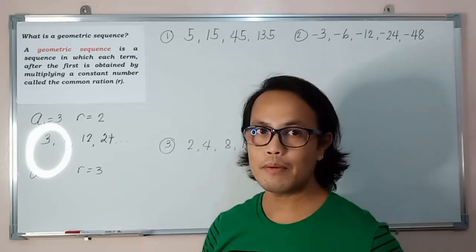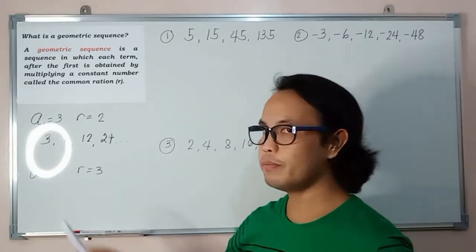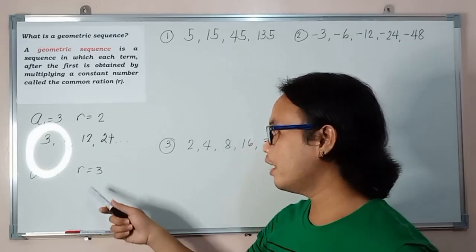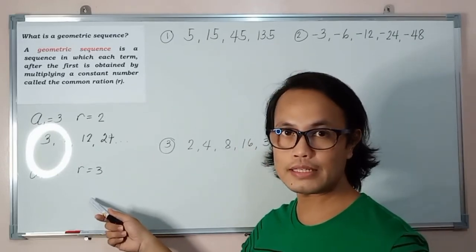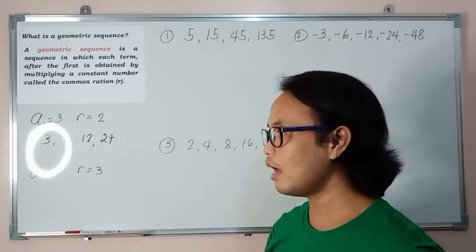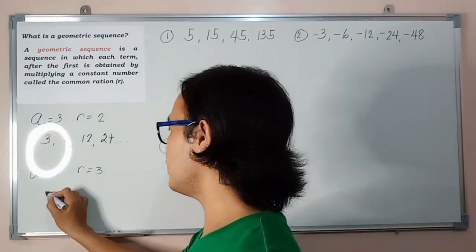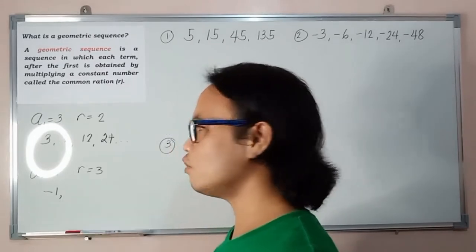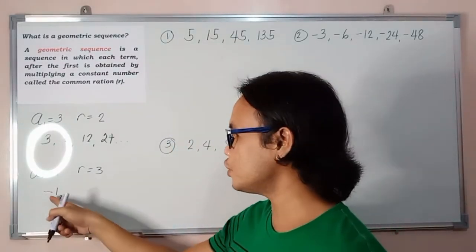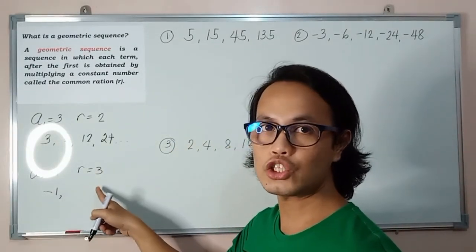Now, for the second example, our first term is negative 1 and our common ratio is positive 3. So the same thing happens. We write the first term. In this case, we have negative 1. Then to get the second term, we multiply the first term, which is negative 1, to the common ratio, which is 3.